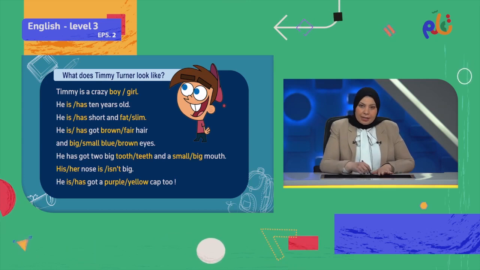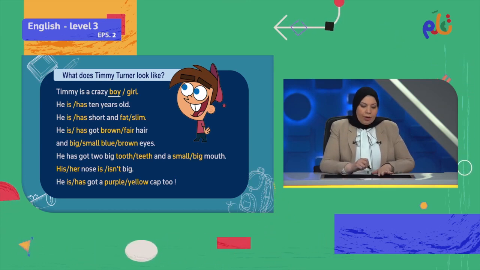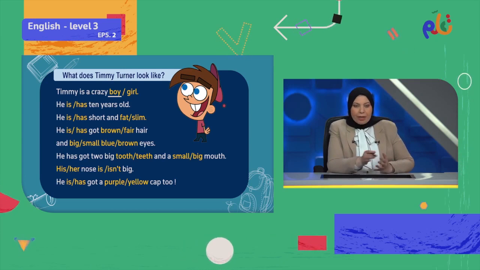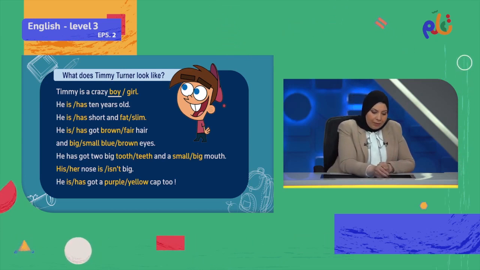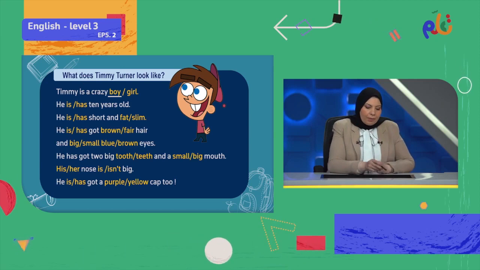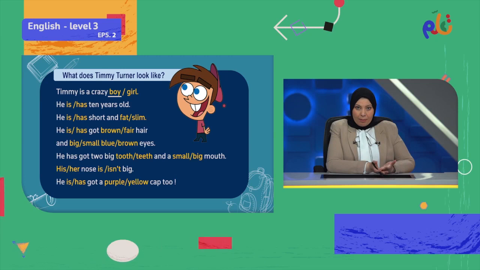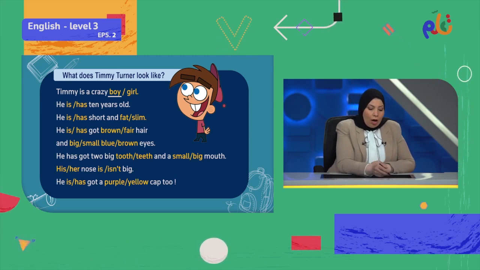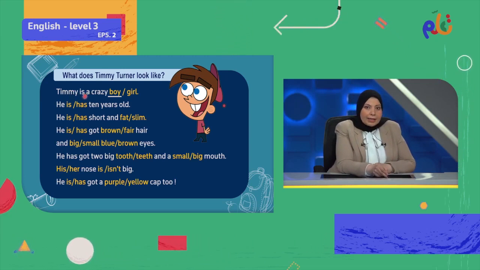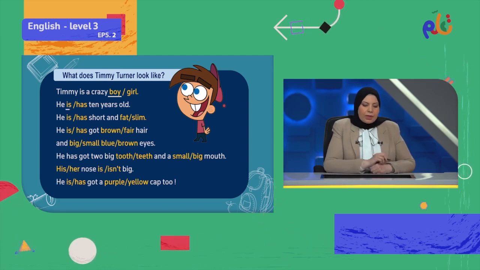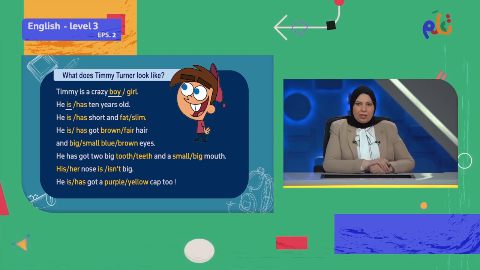Timmy Turner is a crazy boy. Okay, هنا عندي كلمة boy مفيش معاها أي body part, that's why I used is. طيب he 10 years old. 10 دي فيها body part? No. So am I using is or has? Exactly. So he is 10 years old.